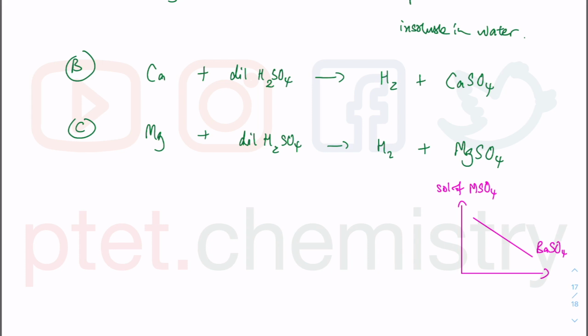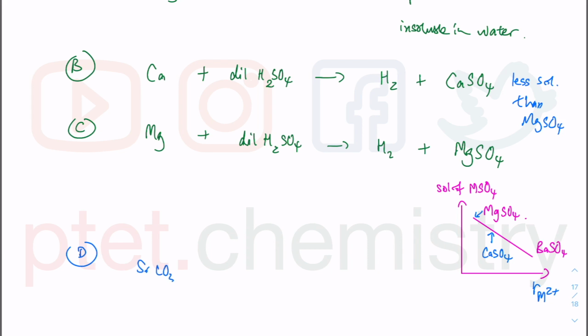That's the test for sulfate, and you have things like magnesium sulfate, which is slightly more soluble than barium sulfate. Where do magnesium and calcium come in? Calcium sulfate will be less soluble than magnesium sulfate as a result of you knowing your group 2 solubility rules going down group 2.